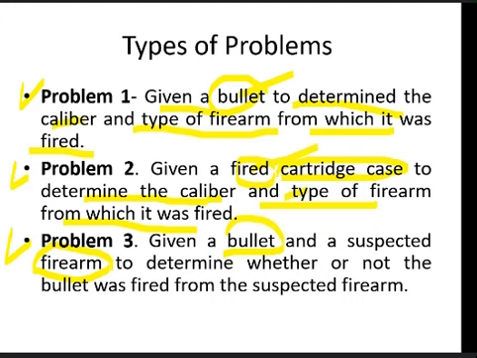So in the follow-up operation of the CIDG, they were able to apprehend the suspect, and right after apprehending, they were able to confiscate the alleged caliber 45 that was in the possession of the suspect when he was apprehended.